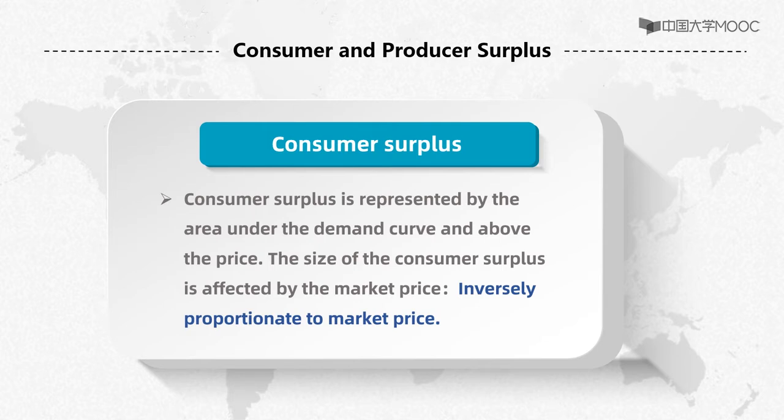The size of the consumer surplus is also affected by the market price. A decrease in the market price will lead to an increase in the quantity purchased and a larger consumer surplus. Conversely, a higher market price will reduce the amount purchased and shrink the consumer surplus.